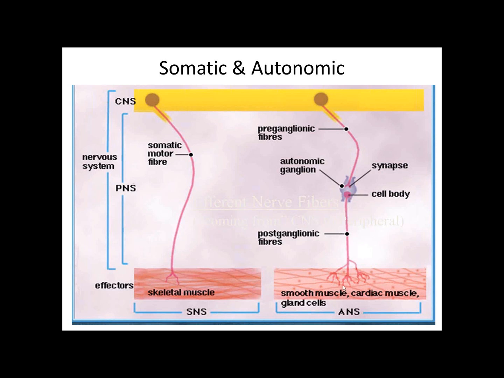So these help regulate cardiac function. It helps regulate the contraction and opening of the smooth muscles, particularly those surrounding the blood vessels. So it has a direct role in vasoconstriction and vasodilation in the periphery of the body. Skin, for example, and it's associated with innervation of gland cells as well.